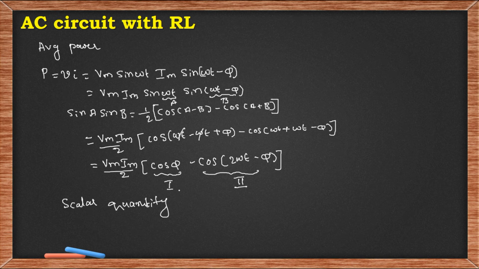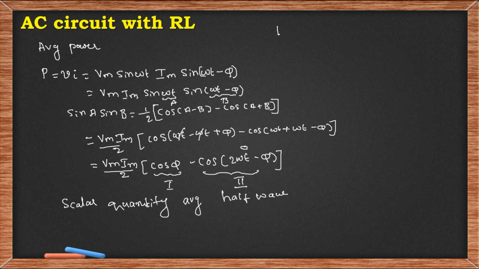So we will consider the average value itself. Even if I consider the half wave, its frequency is double the supply frequency, so its value is going to be 0 over a half wave. Hence the second part of this power is going to be 0.